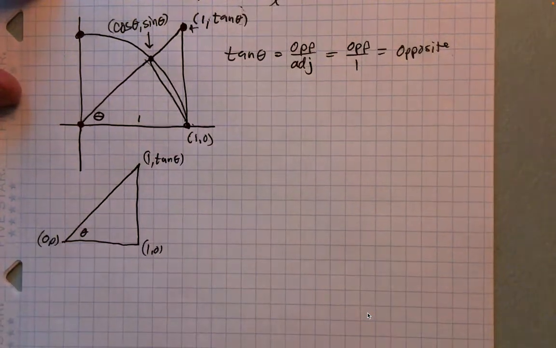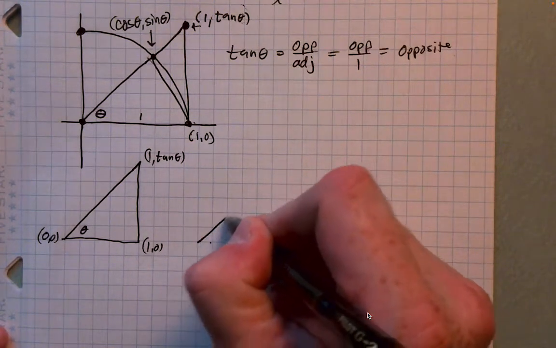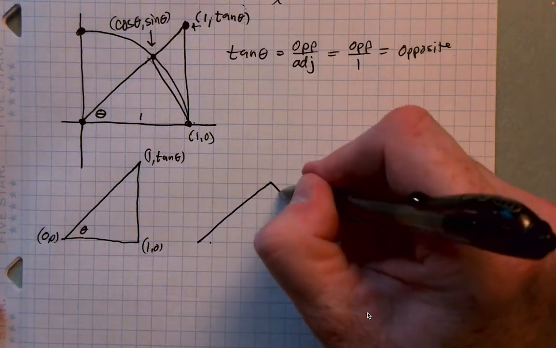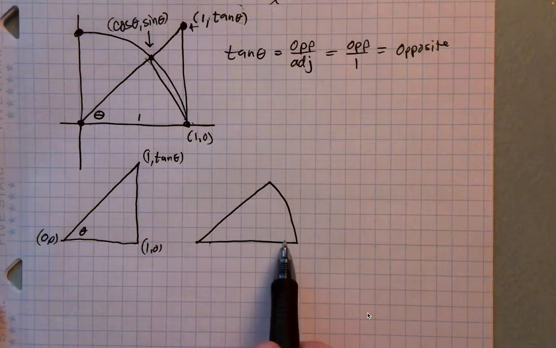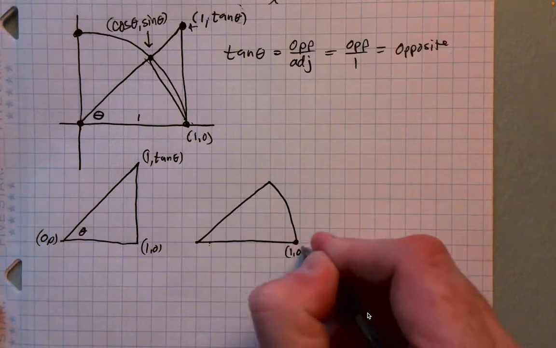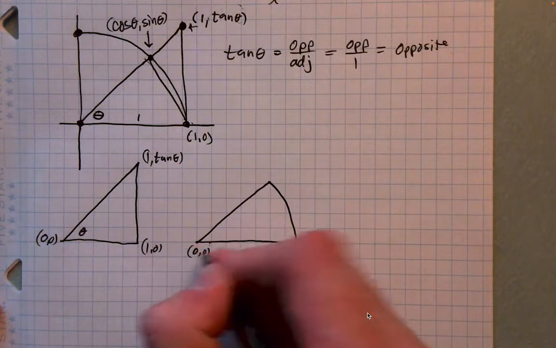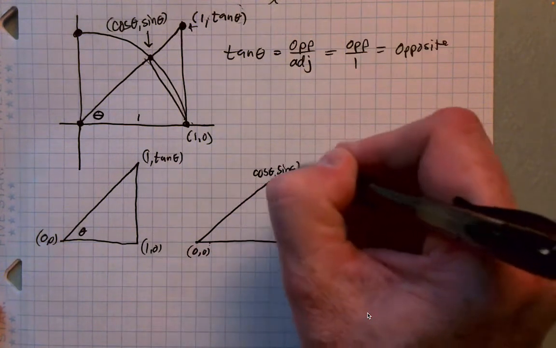So that's one object. The other object that we've got is the sector. That's in between. Okay, so this is a curved line, right? So this is 1, 0, and this is 0, 0, and this is cos theta, sine theta up here.